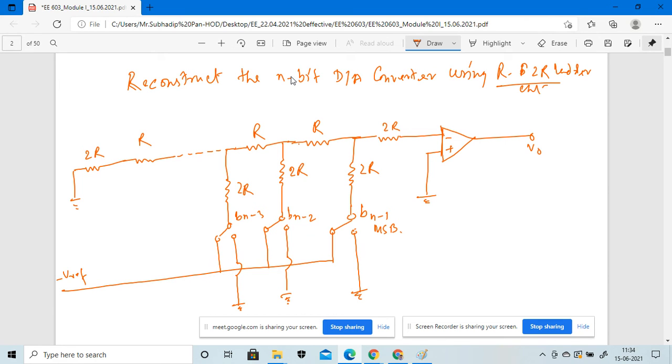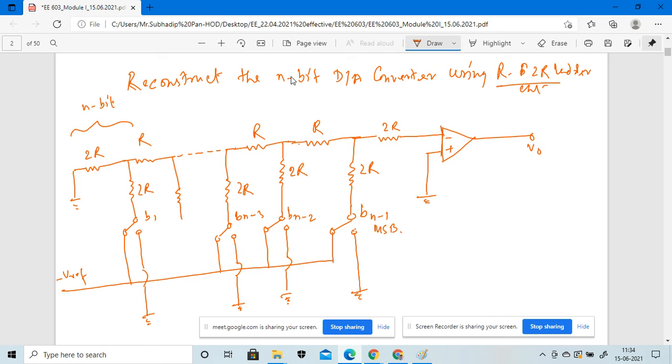This will be the n number of bit paths, the n bit segment. Again we have to connect the 2R, and this will be my b to the power 1. This will be ground and this will be connected with the V reference. From there we have to connect again these things.